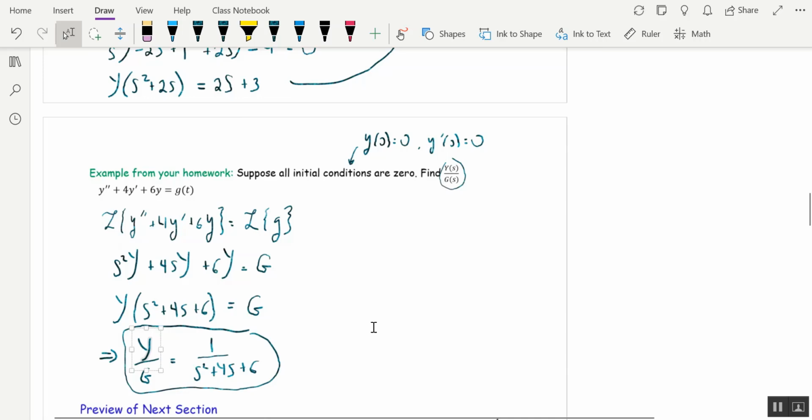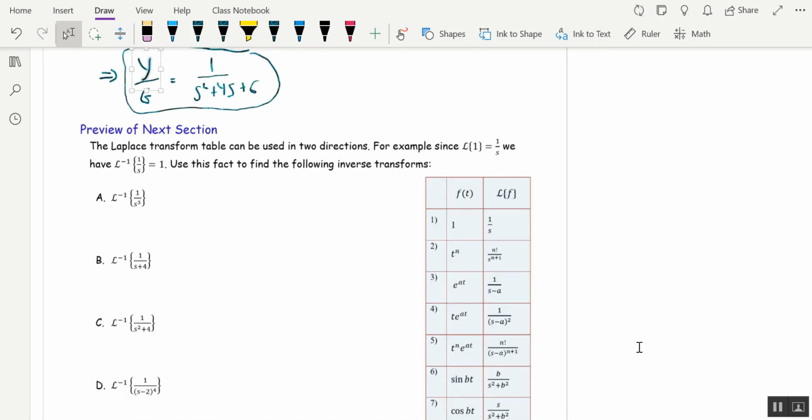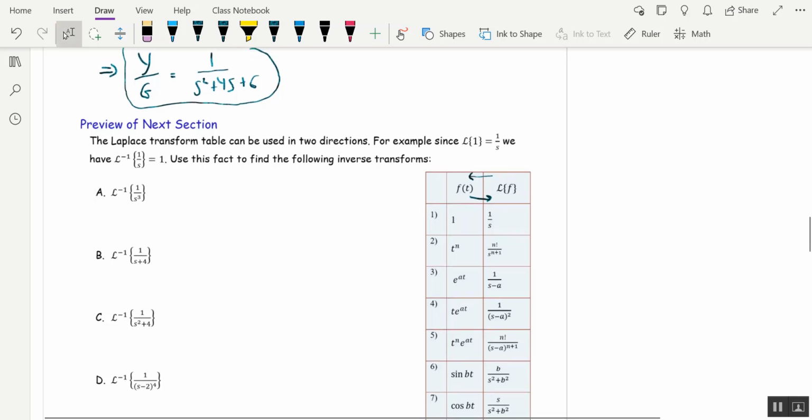Okay, preview of finding inverse transforms. This is sort of where the art comes in. So we can read our table forwards to find Laplace transforms, and we can read it backwards to find inverse transforms. So for example, if I want L inverse of 1 over s cubed, well, my starting point is that I know L of t squared.